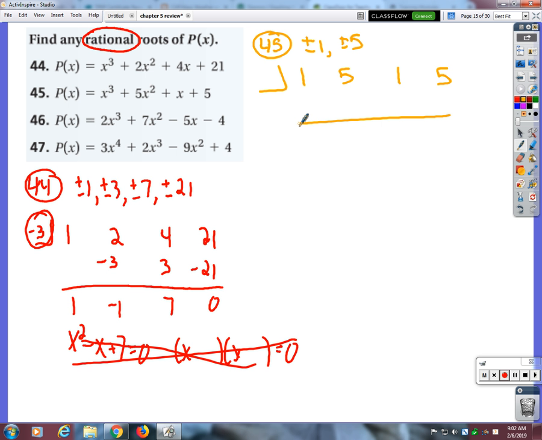Because these are all positive, we got to get it to be 0, something's going to have to be negative. So for 45, choose either negative 1 or negative 5. Negative 1, give that one a try. Alright, so bring the 1 down, negative 1 times 1 is 0. Bring the 5 down, negative 1 times 5 is negative 5. Add those together, negative 4, and that gives me 4, which doesn't get me 0.